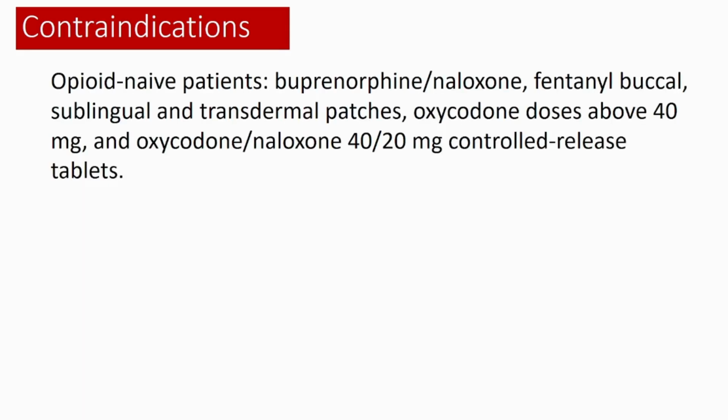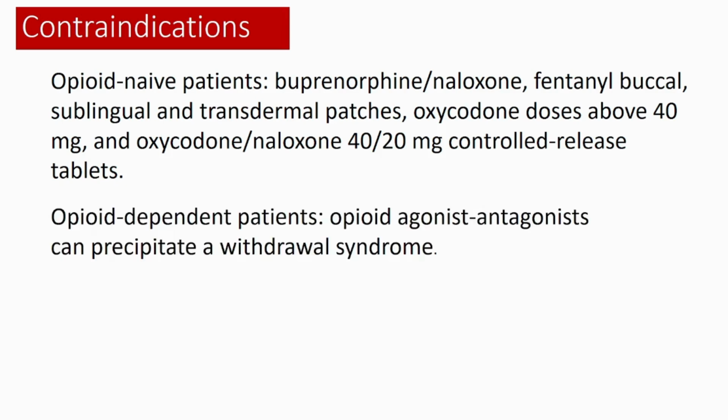So opioid-naive patients, such as first-timers, should avoid using buprenorphine, naloxone, fentanyl, and also oxycodone above 40 milligrams. Oxycodone, naloxone controlled-release tablets should be avoided or are contraindicated in opioid first-time users.